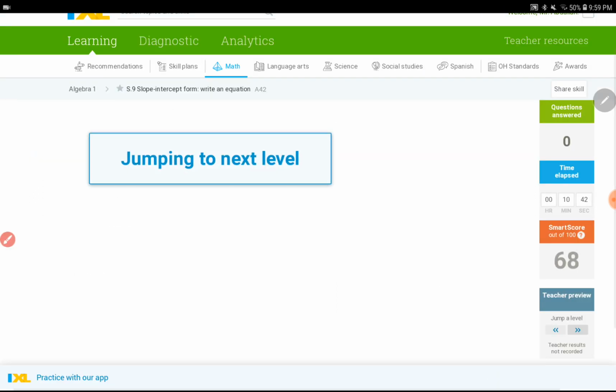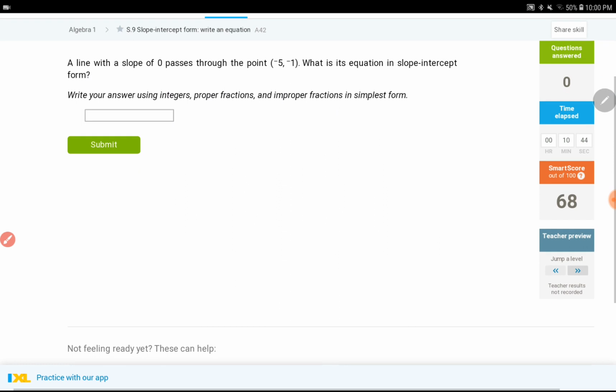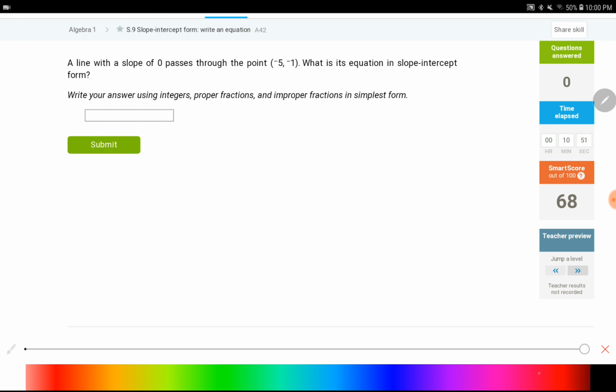Okay, moving on to the next level, this is what you are going to end up with. A line with a slope of 0. So if it has a 0 slope, that means m equals 0.